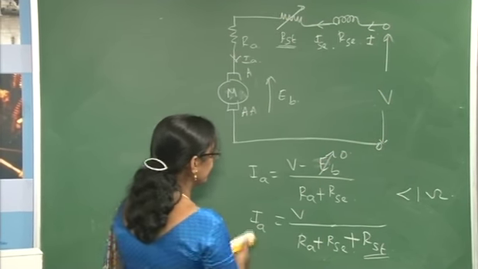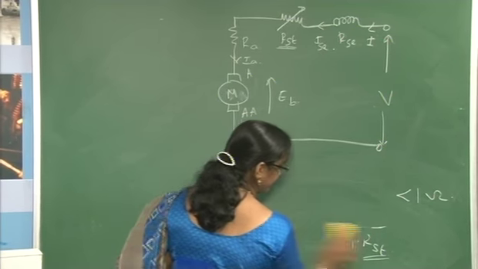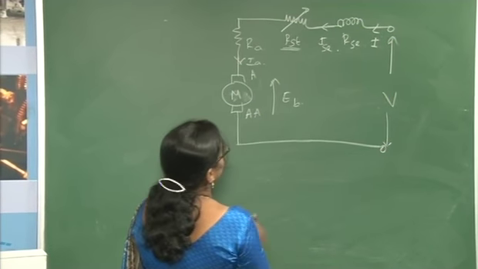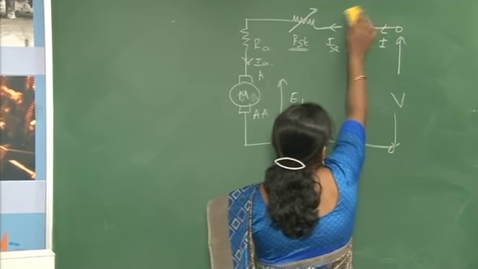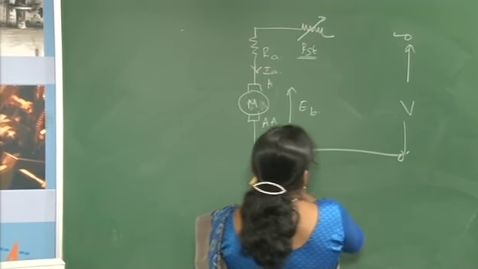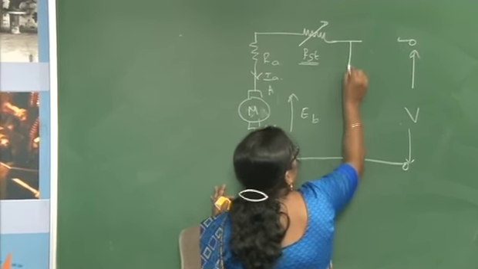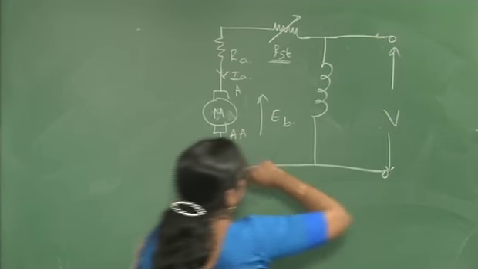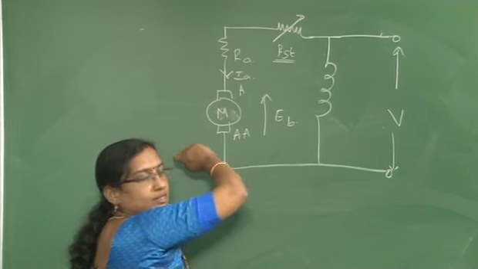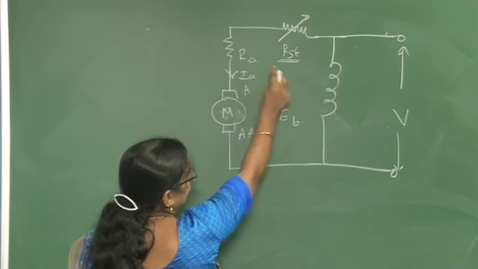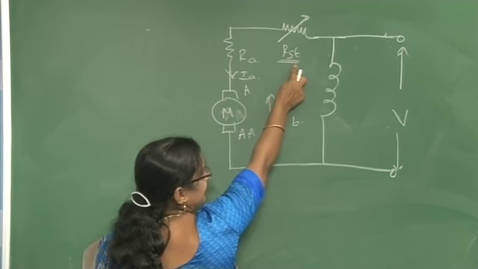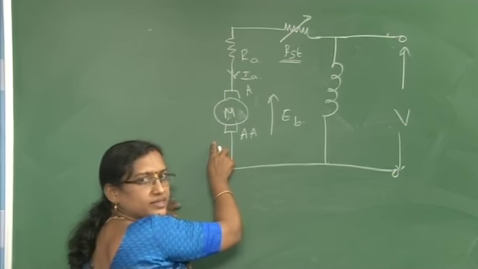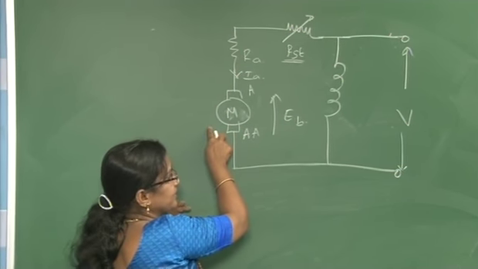Now, you see in the case of a shunt motor, how exactly we do it. In the case of a shunt motor, this shunt field coil is connected across the series combination of the starter resistance and the motor armature.